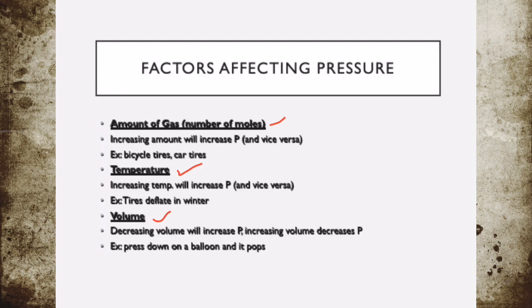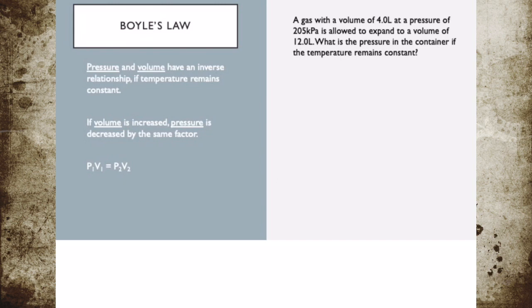And when it is increasing volume, it will decrease pressure. For example, as you press down on a balloon and it pops, that means that you increase the pressure, therefore the volume decreases.